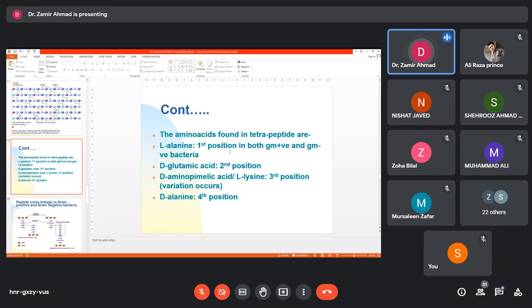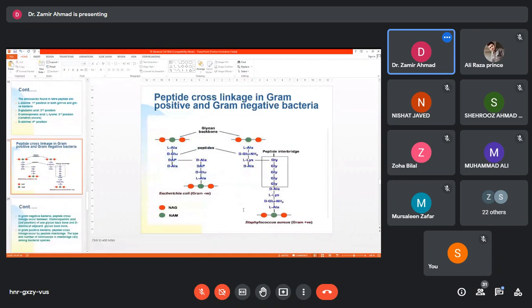So L-alanine is present at position 1, D-alanine at position 4, and glutamic acid at position 2, while it is only the third position which could be variable. Either L-lysine or D-amino pimelic acid could be present in place of this amino acid. All these constitute the structure of a tetrapeptide which we have seen in the previous diagram.